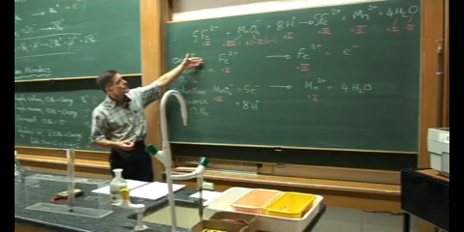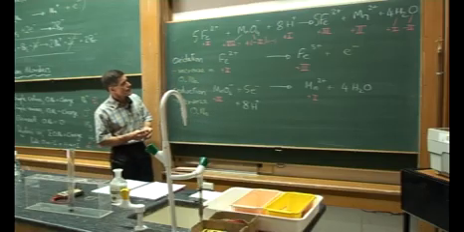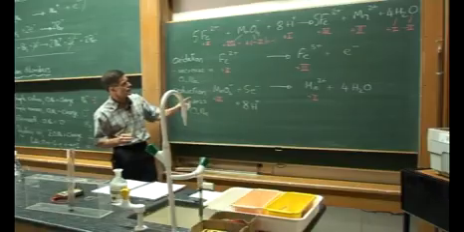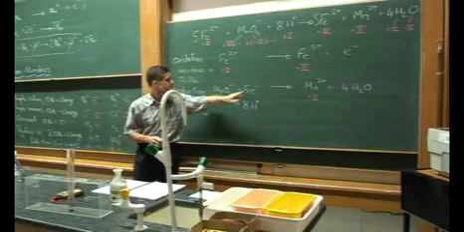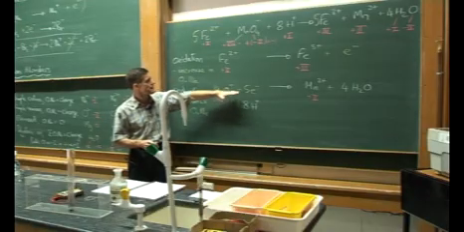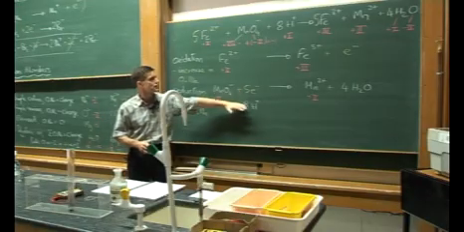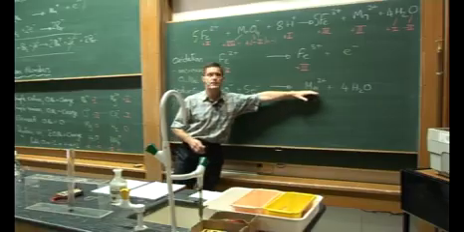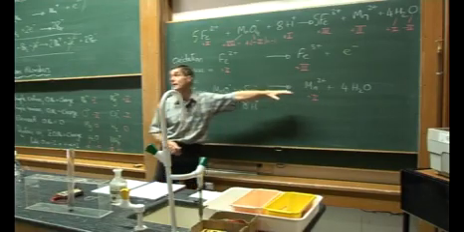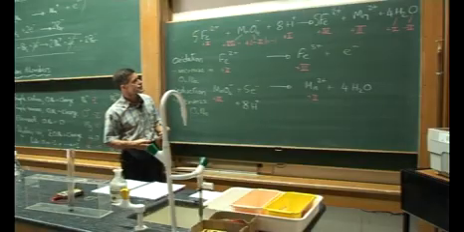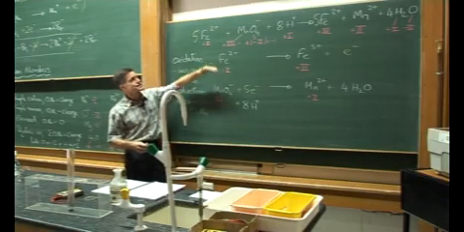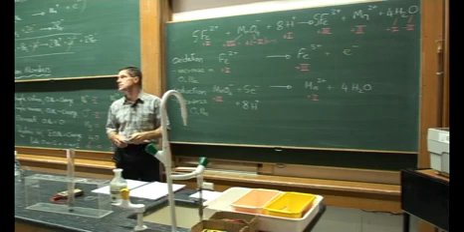Now, having got correctly balanced half equations, let me check the charges here: 8 plus and 5 minus, and another minus, so 8 plus and 6 minus gives me an overall 2 plus, and we've got an overall 2 plus there. So that's a balanced half equation, or half reaction. If I were to add these together, I need to do so in a way that the electrons cancel out.